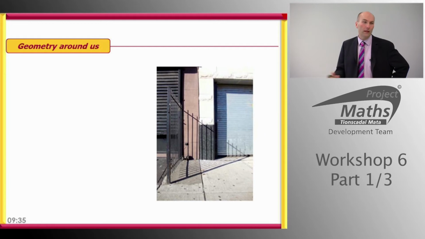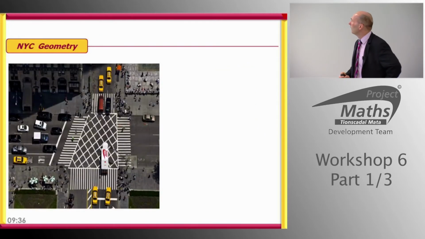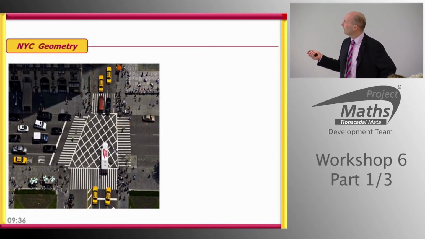What geometry do we see here? Okay. This is a cross in New York. What do we see here? What shape do we have here? What's this shape? Yeah. So we've got 2 sides that are parallel. These 2 sides. So what shape's that? Trapezium. Yeah.